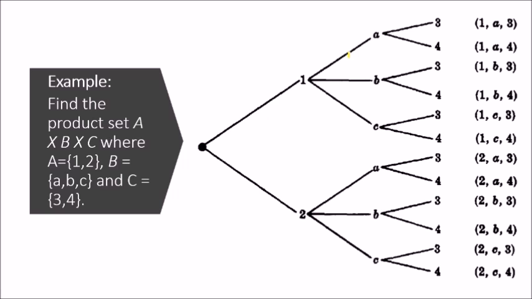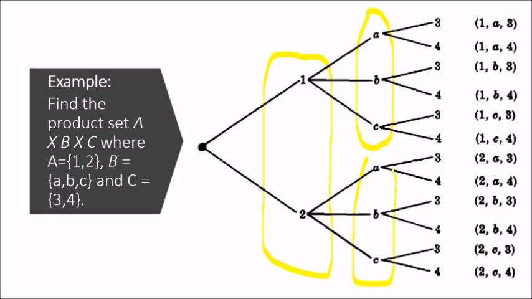So let's start with the elements of A, which are 1 and 2. And then each of these elements will be partnered to the elements of B. Nandito siya. Nandito. And then from the B, every element of this B will be again partnered to the elements of C, which is this one, 3, 4, 3, 4.